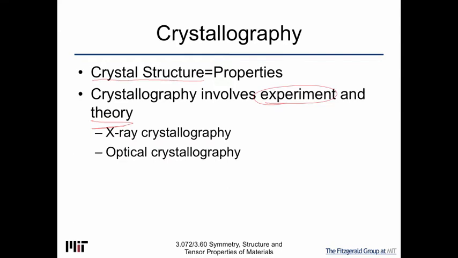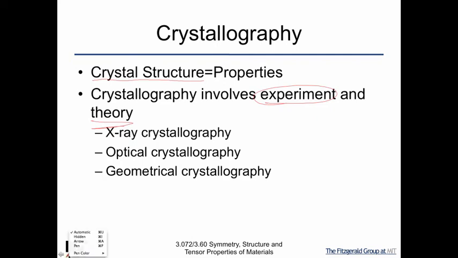There's also optical crystallography. If you use optical microscopes, polarization and things like that, you can look at crystallography that way. There are many different kinds of crystallographers using different characterization techniques. For us, the relevant one is geometrical crystallography, which is an interesting way because geometry is pretty much theory.